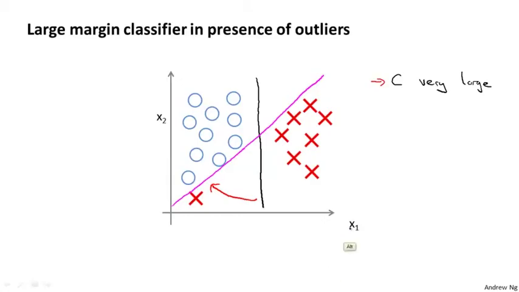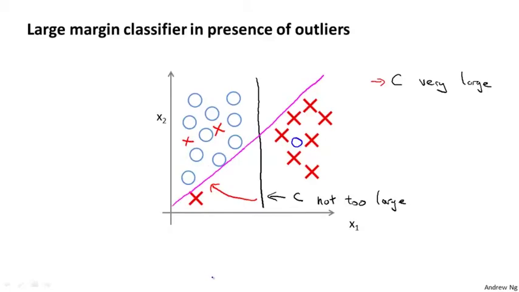But if C were reasonably small, or if you were to use C not too large, then you still end up with this black decision boundary. And of course, if the data were not linearly separable, so if you had some positive examples in here, or some negative examples in here, then the SVM will also do the right thing.